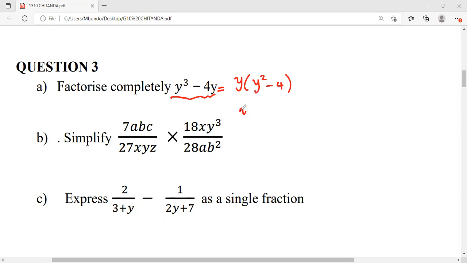What do I mean? You need to say y squared minus, you rewrite this 4 as 2 squared. Then you have to recall how to factorize a difference of 2 squares, which will be y.